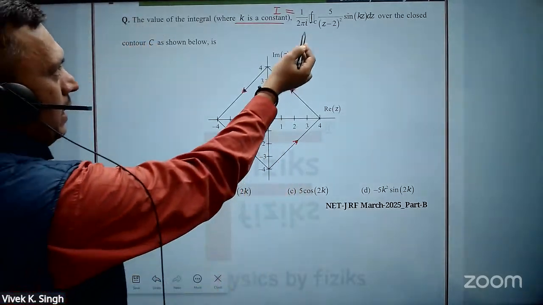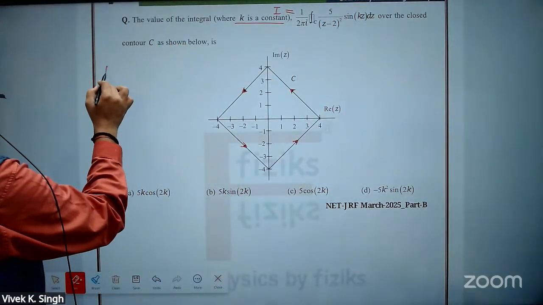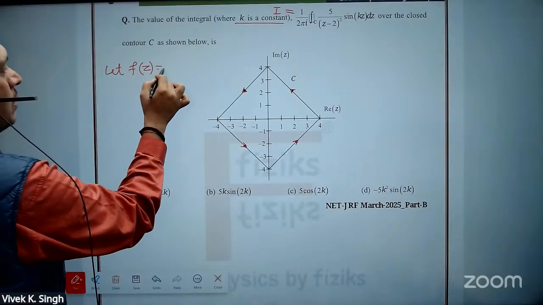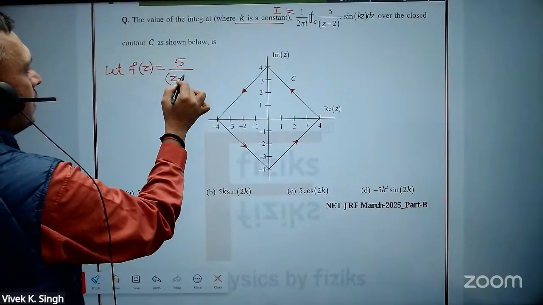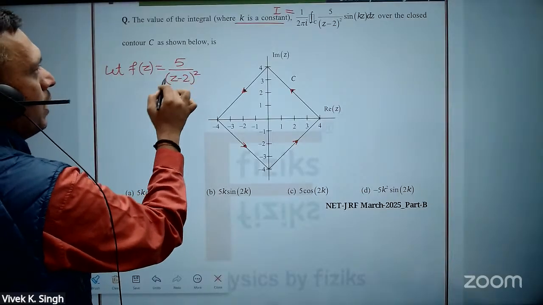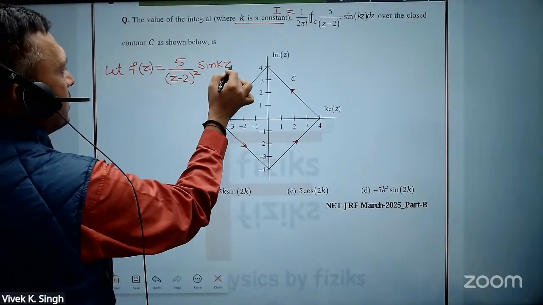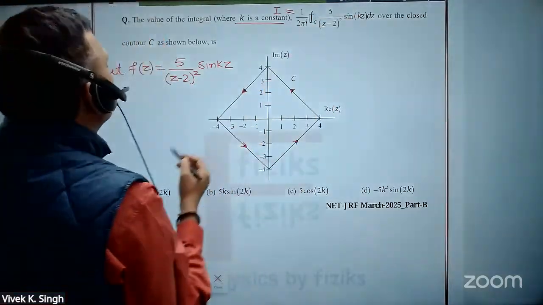Now in this integral, let your function f(z) be 5 by (z minus 2) whole square, and then you have sine kz. So this is your function.